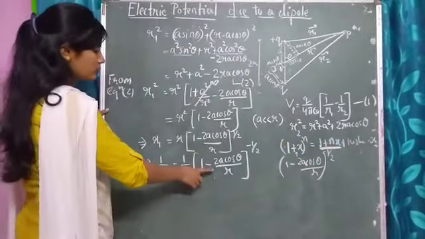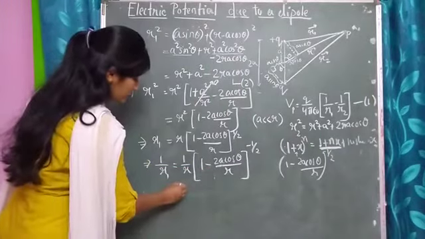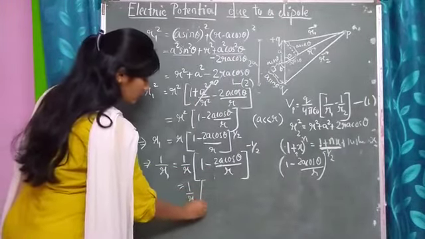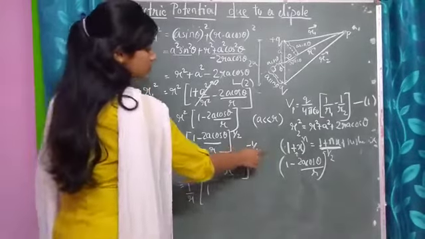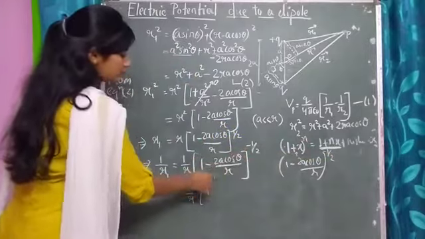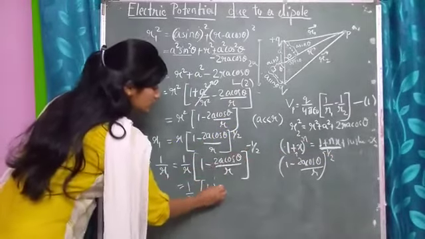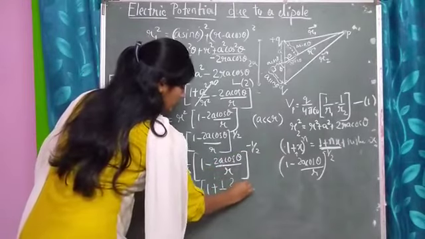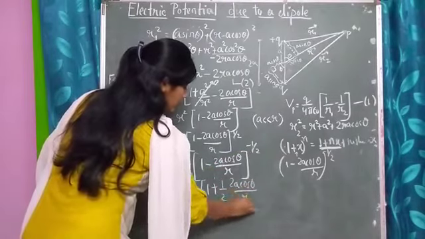So if I use that, I will get 1 by r1 equals 1 by r times 1, plus n x, that means minus half times minus 2a cos theta by r.